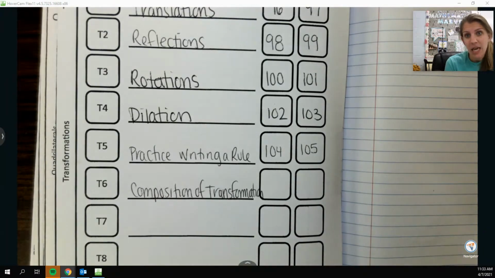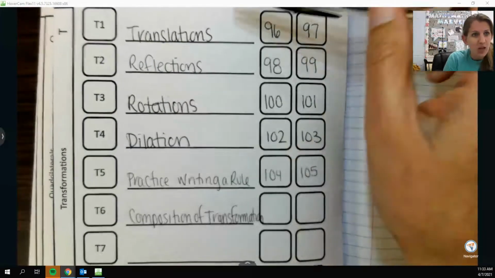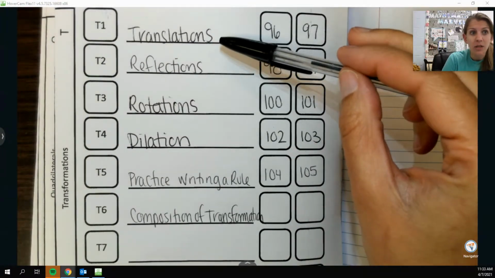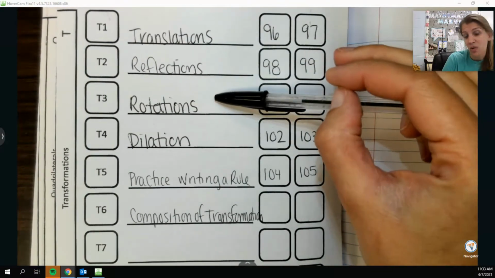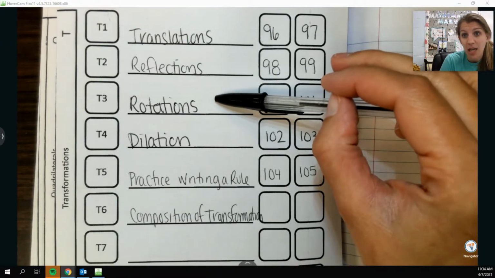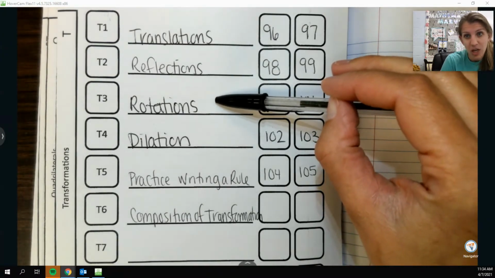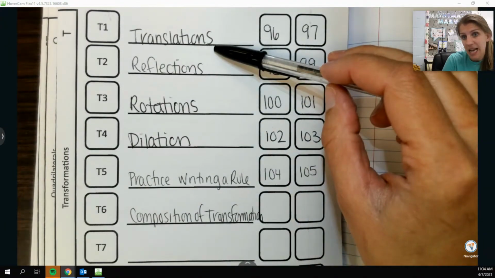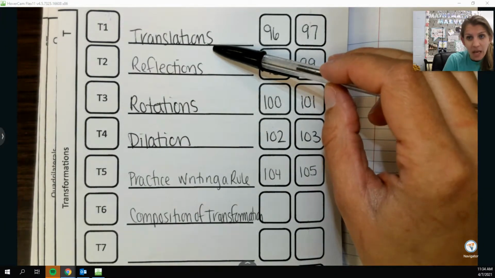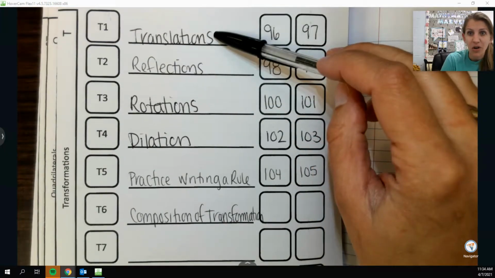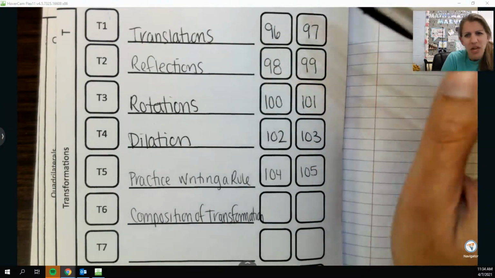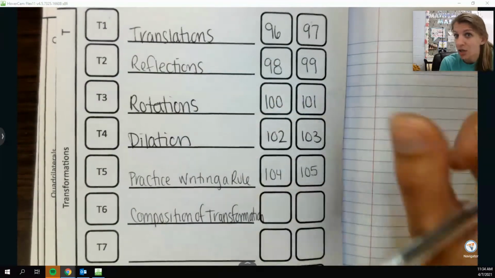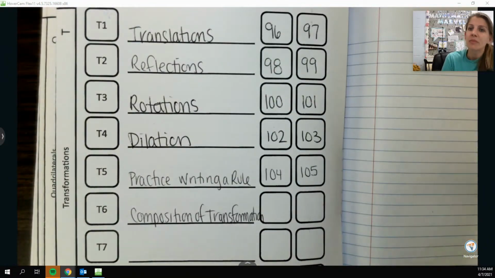Basically, if I do a transformation that only involves translations, reflections, or rotations, then I've done a congruence transformation, because all of these maintain the same size and shape. Those things are called isometries, which is just a fancy word for a congruence transformation.